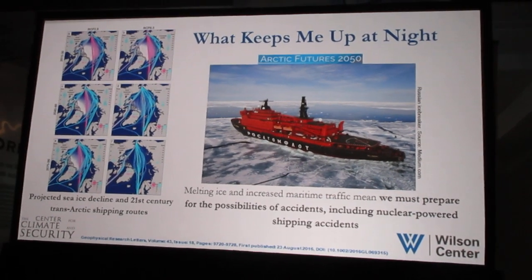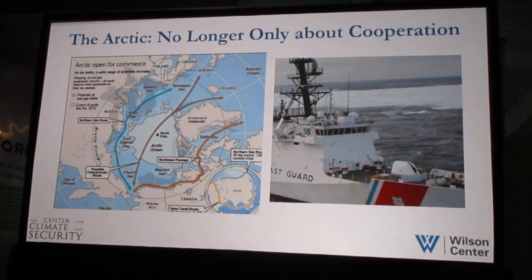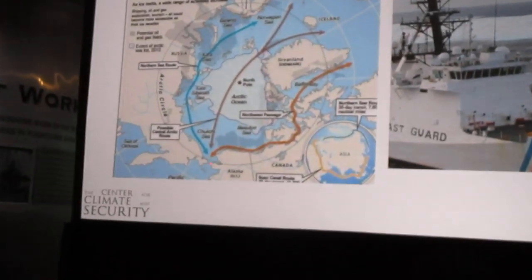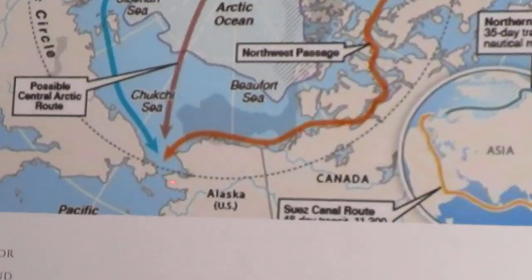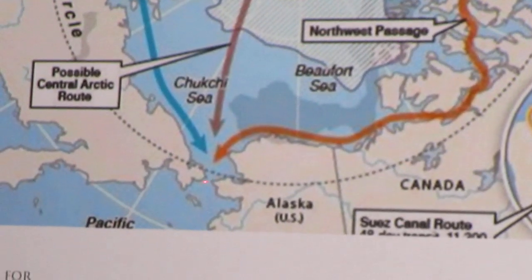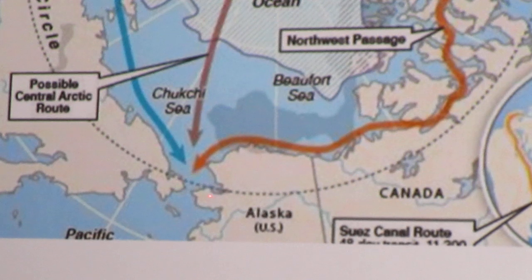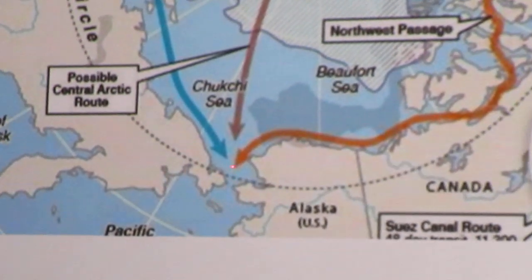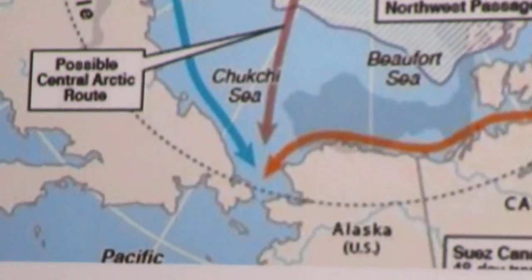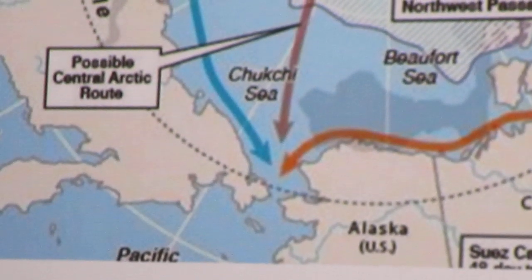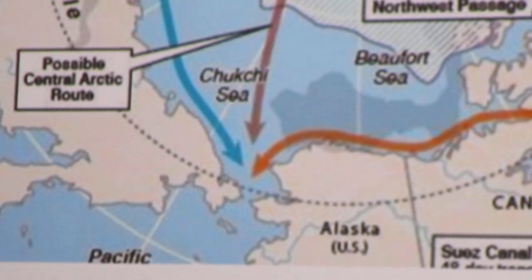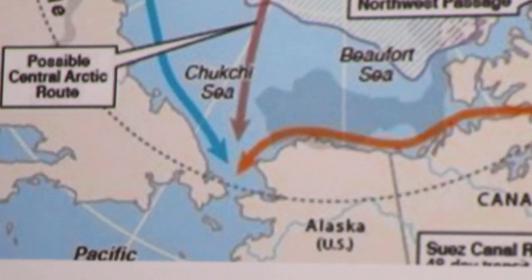Let me go back here for a minute and show you on this slide. Okay, so if you look down here, you see that the U.S., Alaska, and Russia at their closest point are only 30 miles apart. This is the Bering Strait. And it was ice-free for only a short period of the summer until the last decade or so.